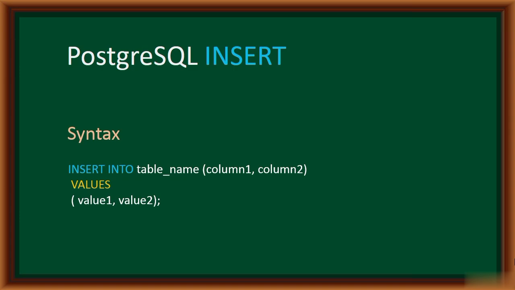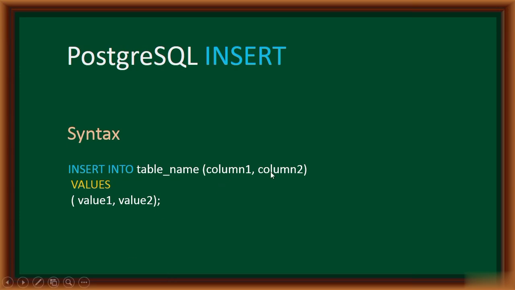If the table has got 2 columns, you specify the 2 columns, and then you add the values. The values basically is where you specify the data you're trying to insert, and the values must match the column and also in the order.